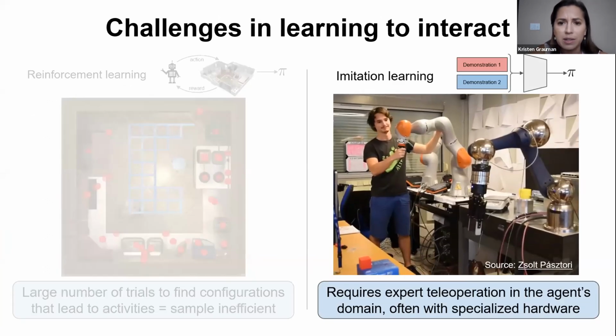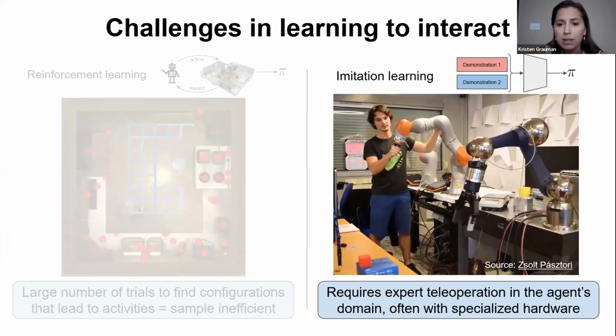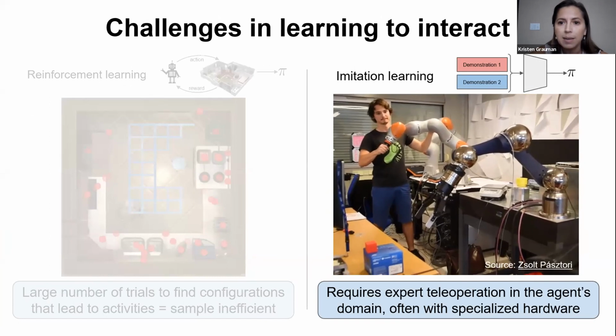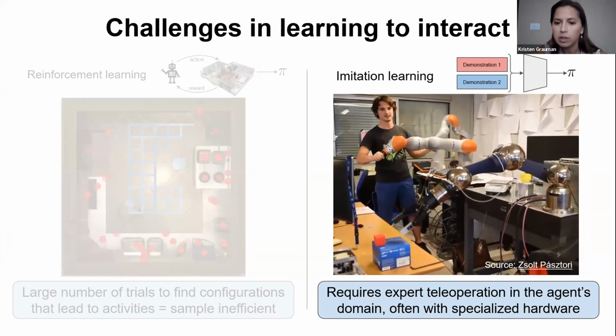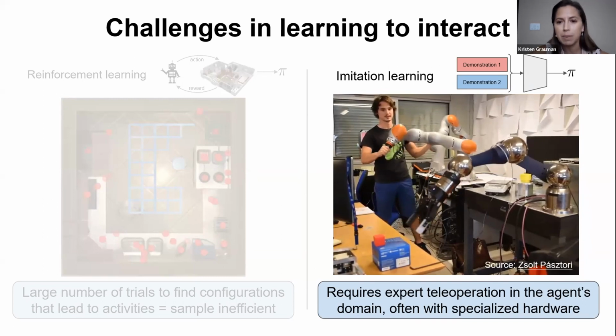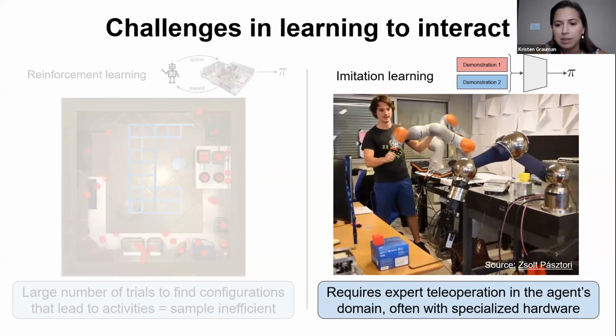So then we can think of ways to inject imitation, including demonstration-based learning, which will accelerate that process. However, it has its own certain expenses, including the possible need for expert teleoperation in the agent's domain, possibly specialized hardware, and this step removal of human action into the robot action.